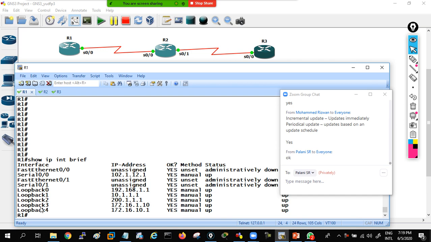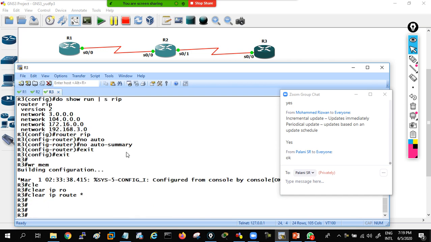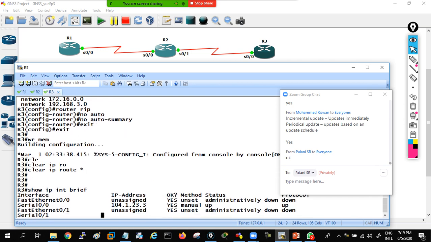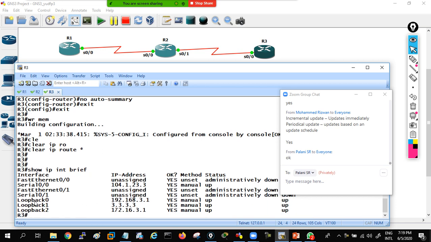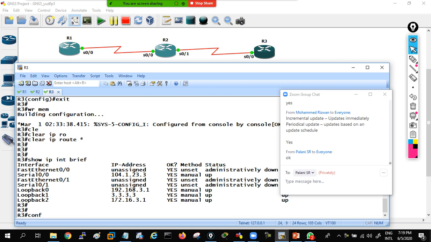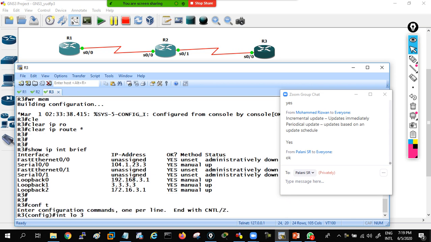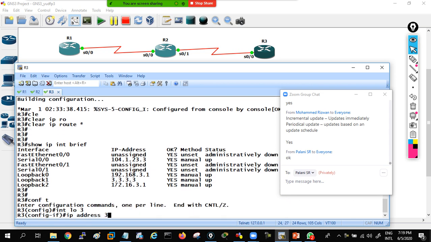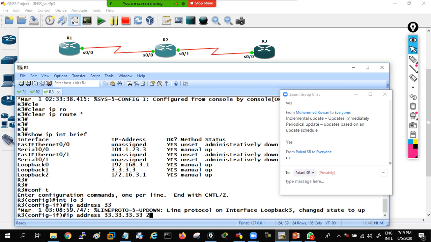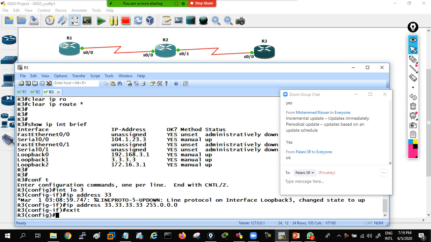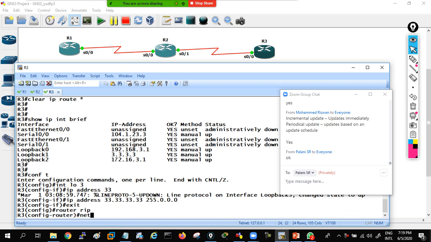Did you see loopback 0, loopback 1, loopback 2, and I'm going to create one more loopback, interface loopback 3, then IP address 33.33.33.33 with mask 255.0.0.0. Are you clear, guys? Now I am going to advertise this network into the RIP protocol. How? Network, and network ID 33.0.0.0.